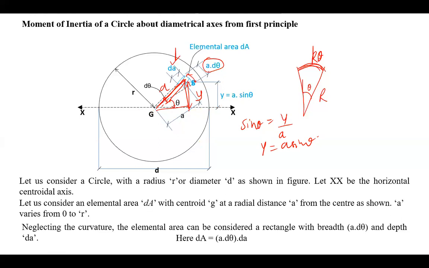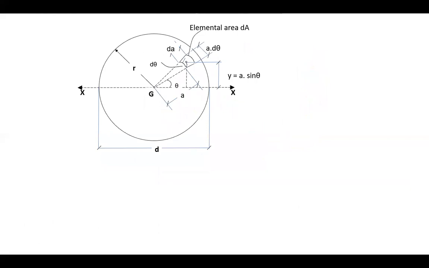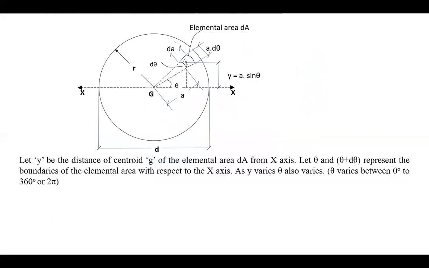Therefore, area is equal to the thickness into the width of this elemental area, which is A d theta into dA. So the area will become A dA d theta. The distance of the small elemental area from the x-axis will be A sine theta.